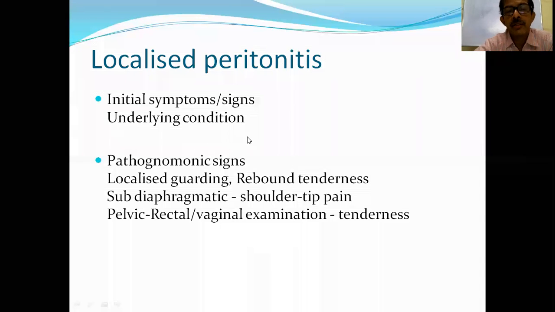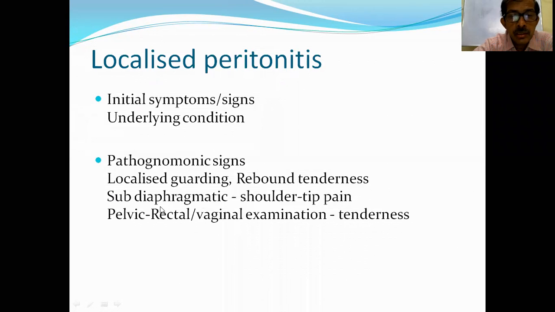Similarly, gallbladder, cholecystitis, there may not be much symptoms as far as peritoneum is concerned. Underlying disease symptoms are there. But signs will be there of localized peritonitis like guarding, rebound tenderness.